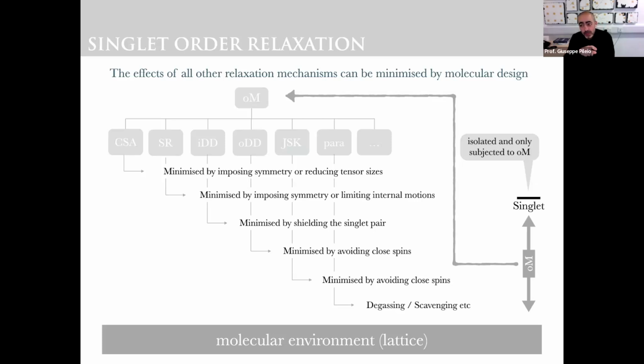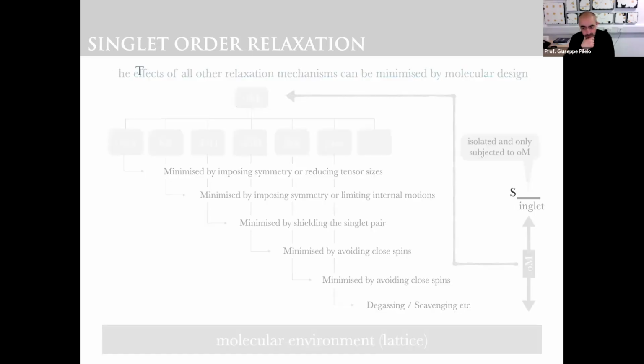Now, what was not known is how the singlet state relaxes under these mechanisms, rather than the conventional longitudinal or transverse magnetization. My first task when I was a postdoc with Malcolm was to go one by one through these mechanisms, trying to devise a theory and eventually an analytical equation for this.